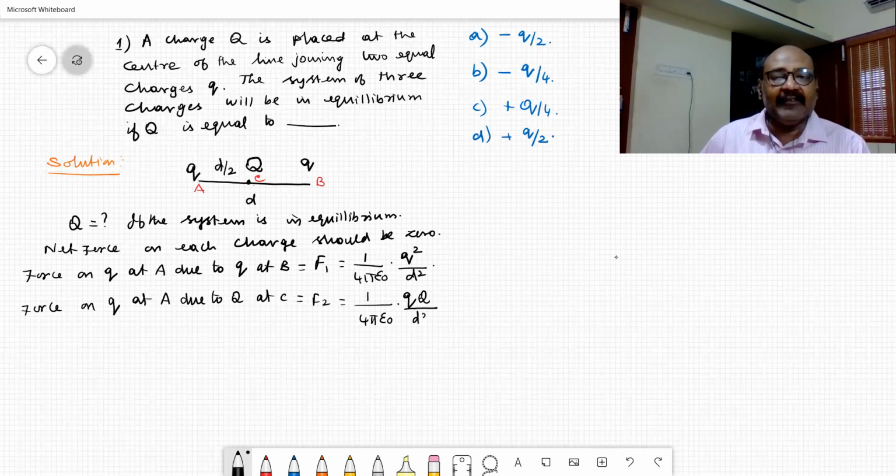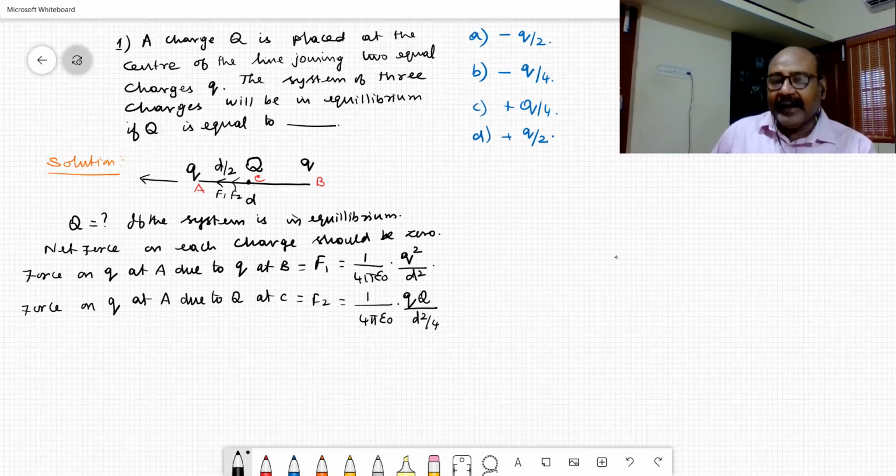On squaring, I will be getting d square by 4. Both the forces are acting along the same direction. So both F1 as well as F2 acting on A will be acting away from the charge small q kept at A.